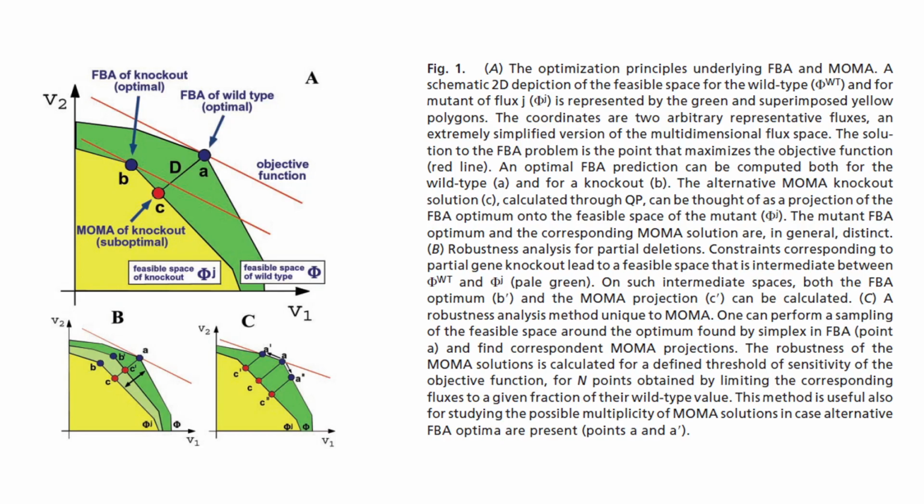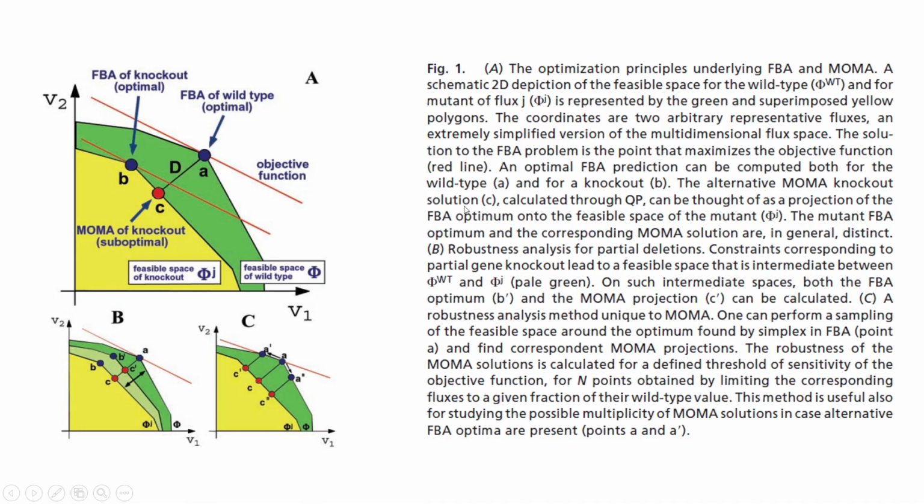For the knockout this is the highest point, and for the wild type this is the highest point according to the objective functions. Now, the alternative MOMA knockout solution C: you have seen solution B, and there's another solution C. This is an alternative solution.